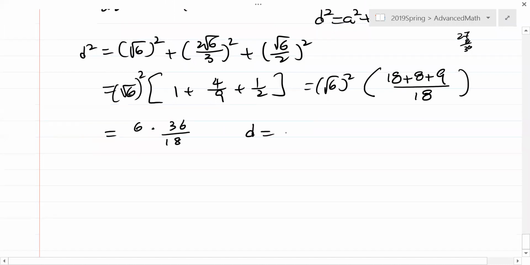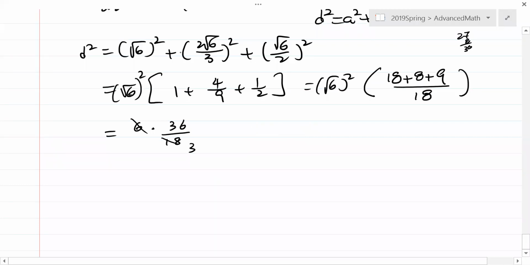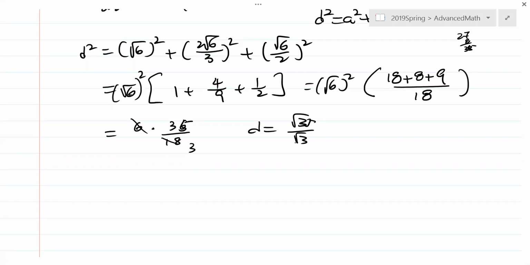So D is going to be square root of 6. No, this. 27 plus 8. Sorry, 27 plus 8 is 35. Okay. So 35 is not divisible by 3. So D is going to be square root of 35 over square root of 3. That's it. You can simplify a little bit further. All right. So let's move on to the next problem.